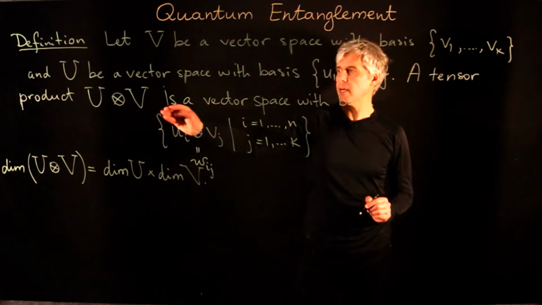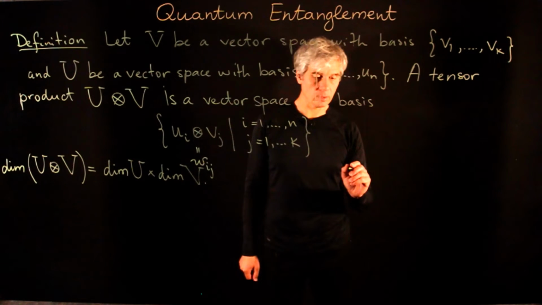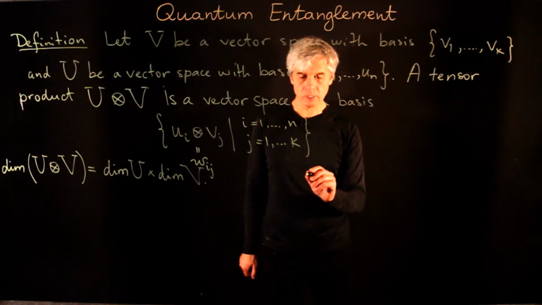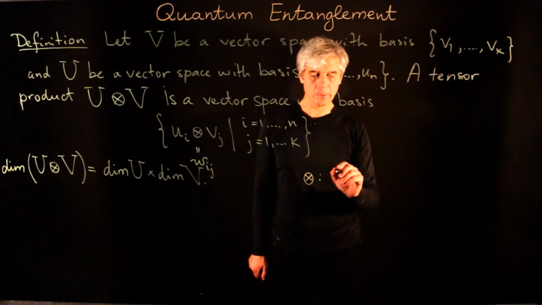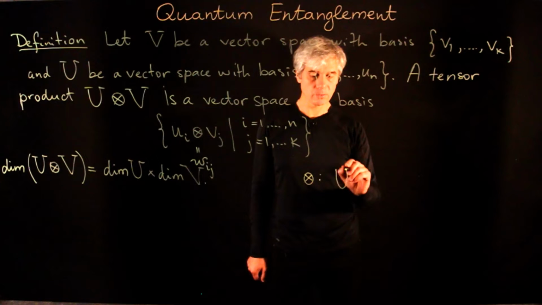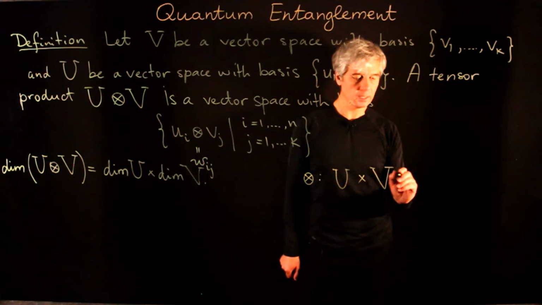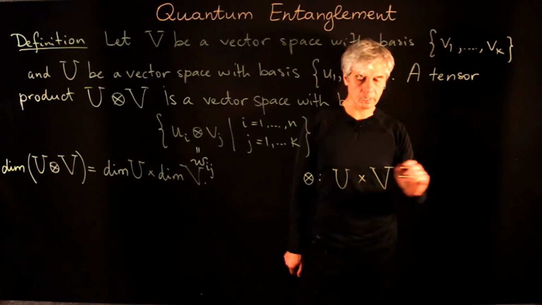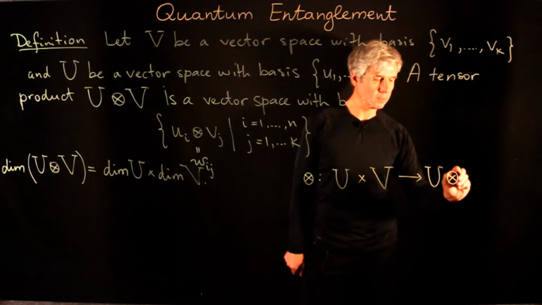Now, once we have defined the tensor product space, we also get the operation of a tensor product. This will be the product operation, which means that it operates on pairs. If we have a vector from U and a vector from V, then it sends this pair to the tensor product space.